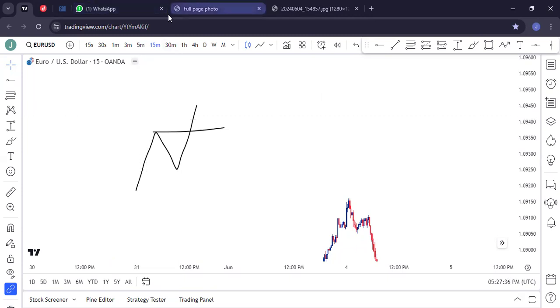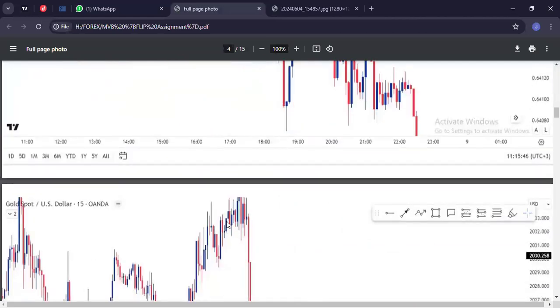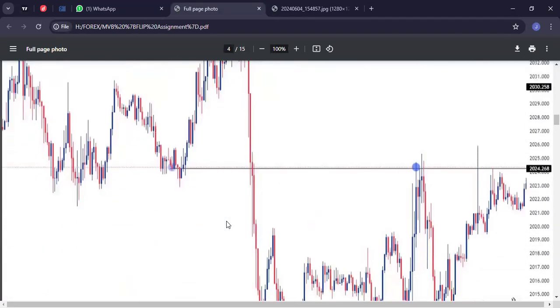If you look at this chart here, look above, this was the 5 minutes chart. Because it is the 5 minutes chart, I can consider this as a break of structure. Do you understand? Okay, sir, I got it. It's a very good question you asked.